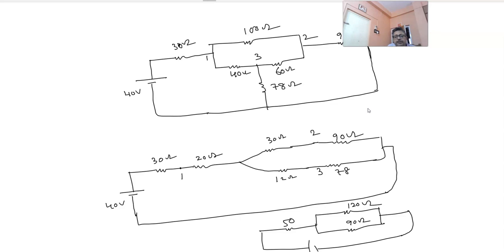Just 40 ohm going this, 50 ohm is there. There is a cell and now 120 and 90, their parallel combination, it will be 120 into 90 by 210. You find it with this series combination. 40 divided by that will give you the desired current in the circuit. Through all the branches you can find.